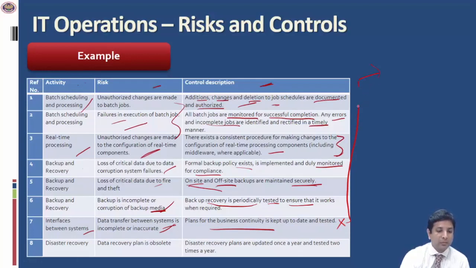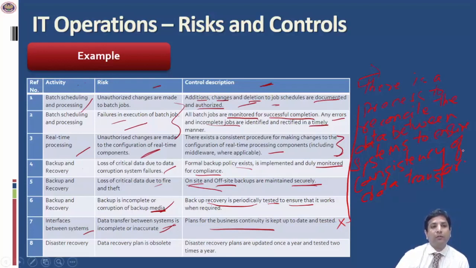To mitigate the risk of data transfer between systems, that it is incomplete or inaccurate, the control could be that there is a process to reconcile the data between systems to ensure consistency of data transfer.